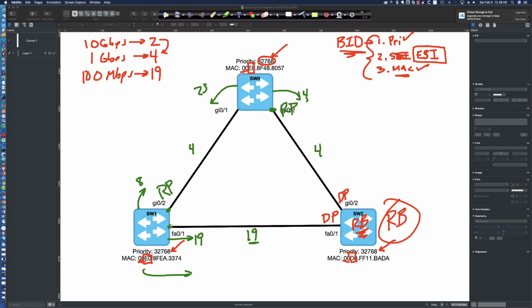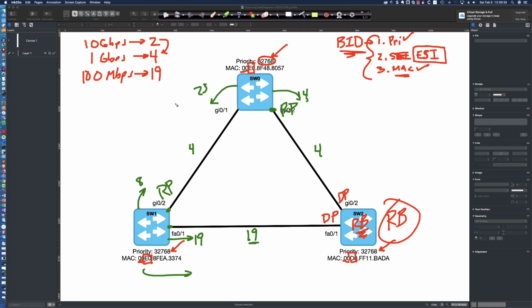Now, we've determined who the root bridge is. We've labeled the root bridge's designated ports. We've gone to the non-root bridges and identified their root port based off the lowest root path cost. Now, we look at the remaining segments and we determine which ports will be the designated ports and which ports will be the alternate or blocking ports on those segments.